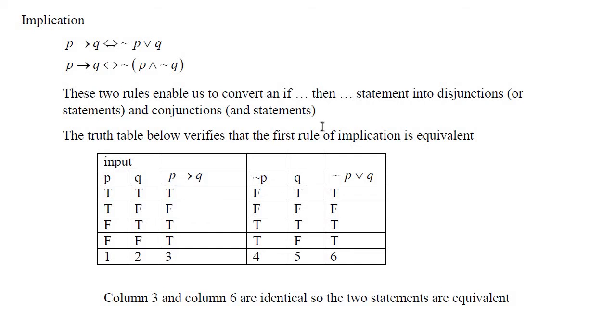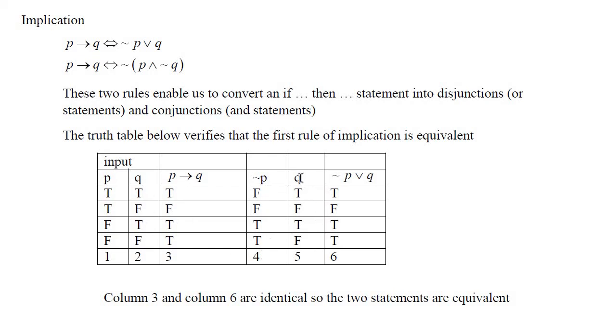Now this truth table verifies this first rule to show that indeed they are equivalent. So my input values for P and Q, my conditional for if P then Q, that's going to be true, false, true, true. Over here I'm negating my P column. Negating my P column gives me false, false, true, true. Here's my Q column.